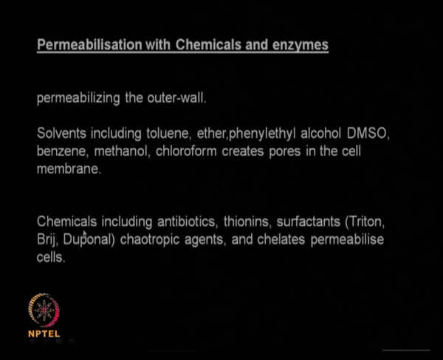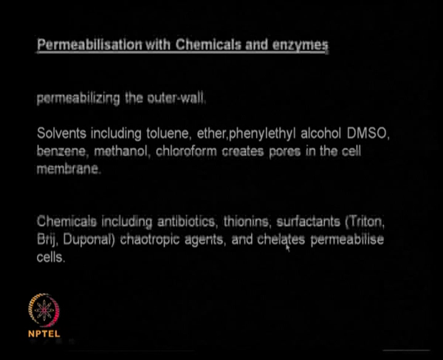Just like solvents, we can also use chemicals to permeabilize the cell walls. We can use antibiotics, thioanins, some sulfur based compounds, and surfactants. Anionic surfactants and cationic surfactants can be used, and these surfactants can go and bind to the charged groups available on the cell wall and disturb the cell wall integrity, thereby breaking it and allowing the intracellular material to come out.